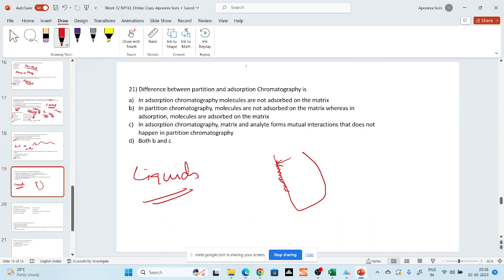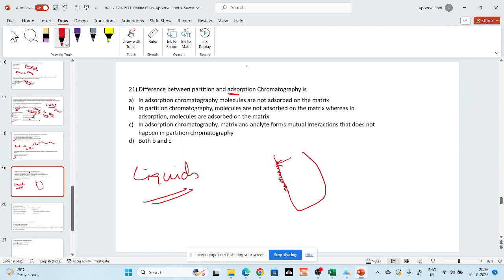So adsorb means it is not going inside the matrix, it is just present on the outer layer of the matrix. So what is happening in this kind of chromatography, in adsorption chromatography, is that your analyte interacts with the matrix and is present on the matrix. It is not going inside.